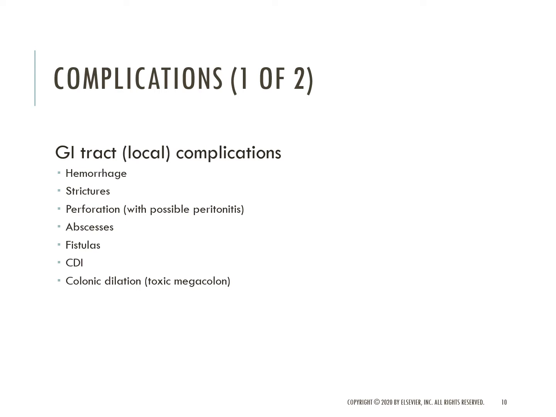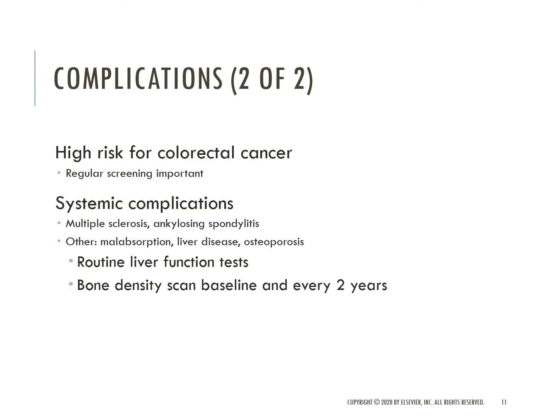So Crohn's disease and ulcerative colitis can be very problematic for patients. It also leads to a higher risk of colorectal cancer, so we just want to consider that. As far as screening, they need to have regular screening and maybe be screened earlier than the normal population.